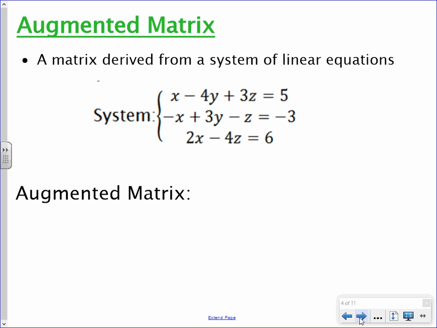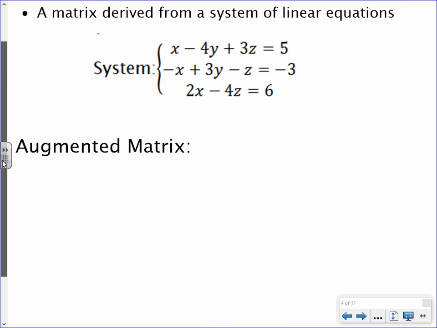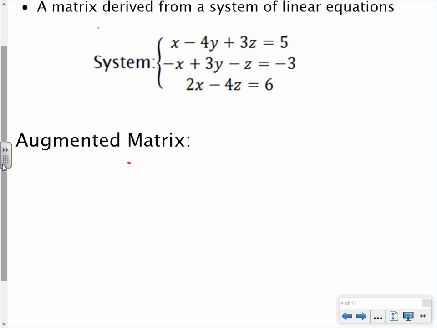Now, what's nice about matrices, it is a rectangular array of numbers, right? We're not going to worry about putting x's, y's, and z's. We're just taking all of the coefficients and plopping them into a matrix, essentially. Okay? So our augmented matrix for this: basically, the first column is going to represent all of the coefficients for x.